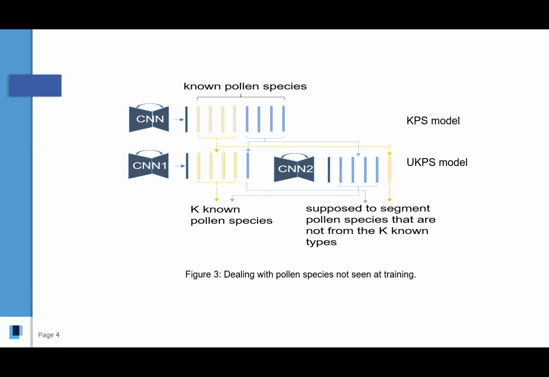It assigns one specific output to each of the known pollen species represented in the training set. The second strategy, named the unknown and known pollen species, UKPS, proposes to partition the known pollen species into disjoint subsets and to learn a model for each subset, thereby leading to different family models.